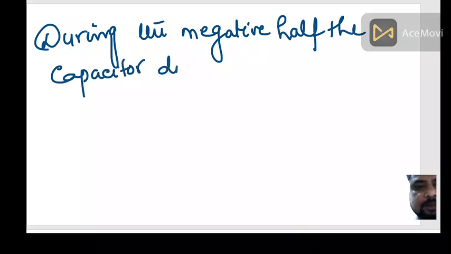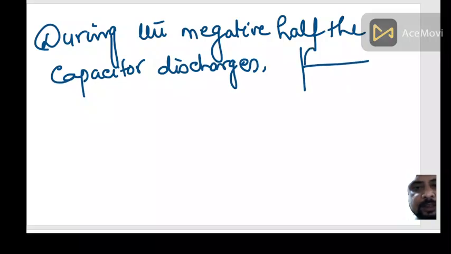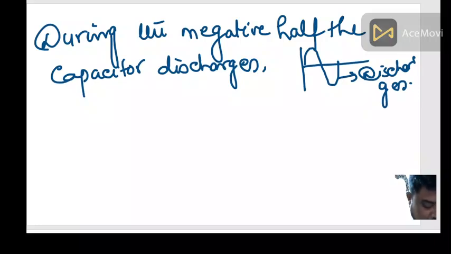This is the positive half, this one is the negative half, and this is the discharging process, the step where the capacitor discharges.